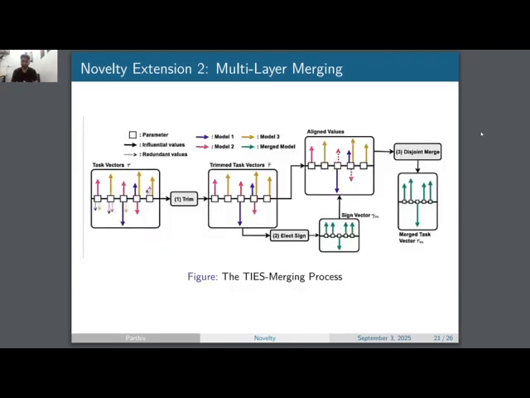So I will explain TIES via this diagram. We have three models: 1, 2, and 3. First we will remove the random noises. From first to second you can see all the random noises are removed which are under a threshold. And then we will try to get the dominant sign. We do it via majority voting, and we can see in first, second, fourth, and fifth the dominant sign is positive, while in the third layer it is negative.